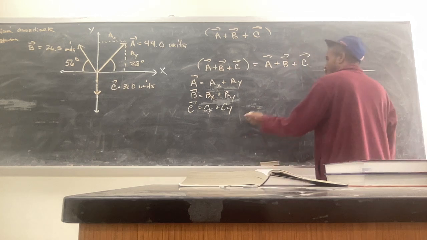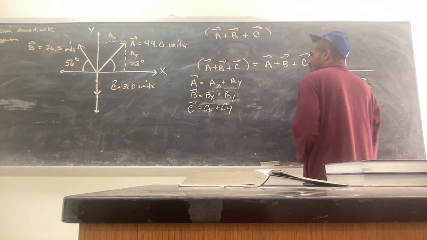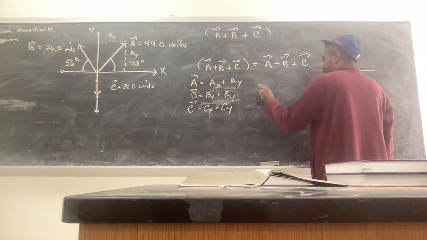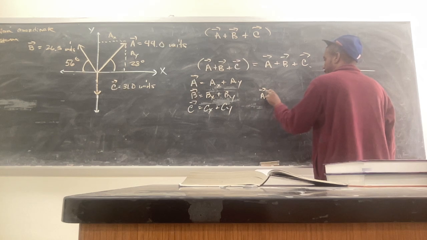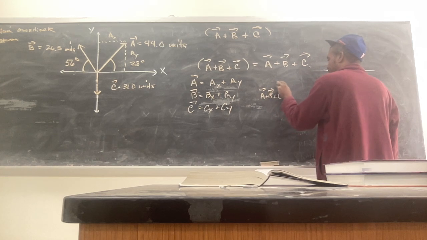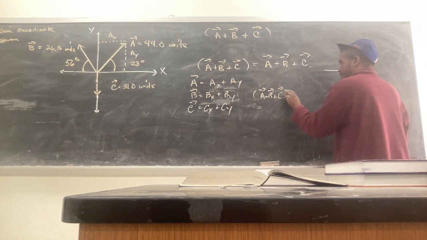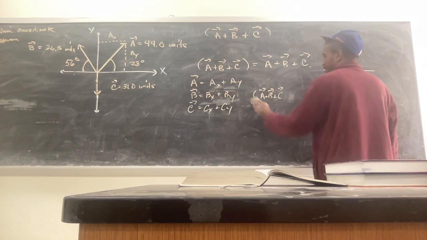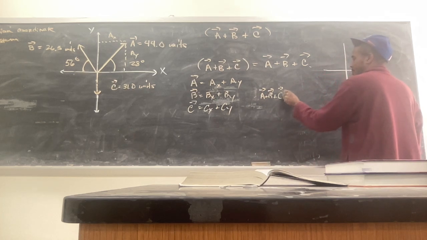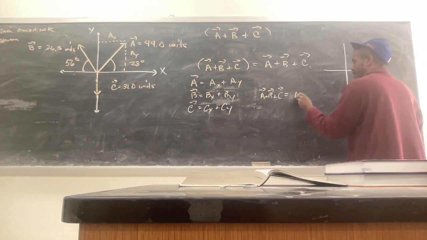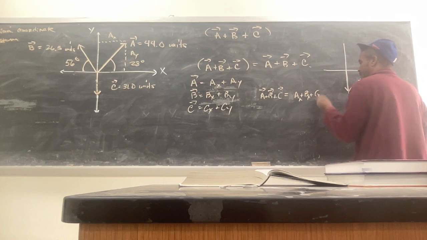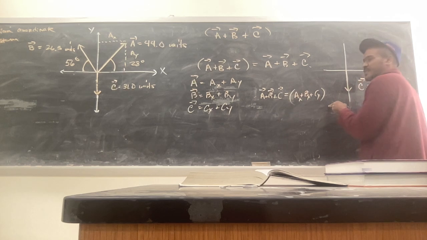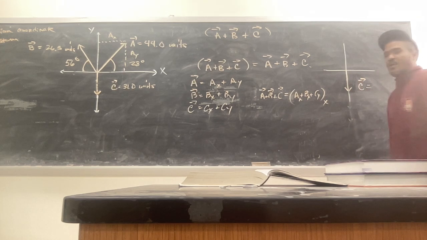So by that same token, A plus B plus C is equal to Ax plus Bx plus Cx. All of that is the x component.